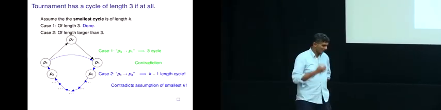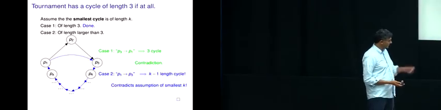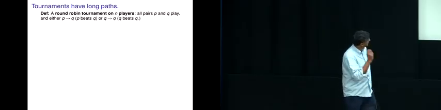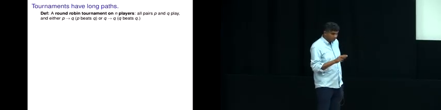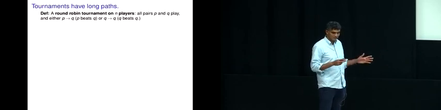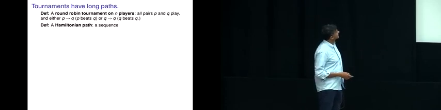Okay, and since I gave you the tournament theorem, I like tournaments, so let's do another tournament theorem. Okay, so a round robin tournament on n players, with the same definition we had. A bunch of players, they all play each other. One person wins, one person loses in each game.